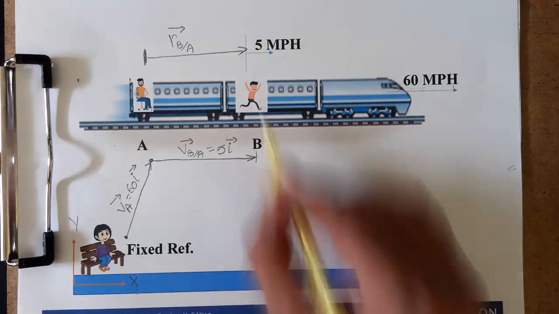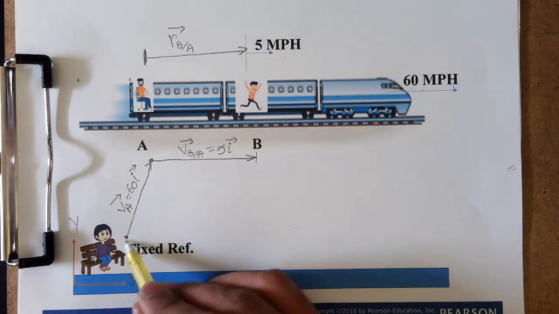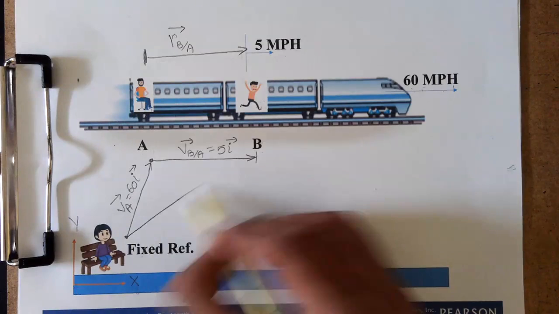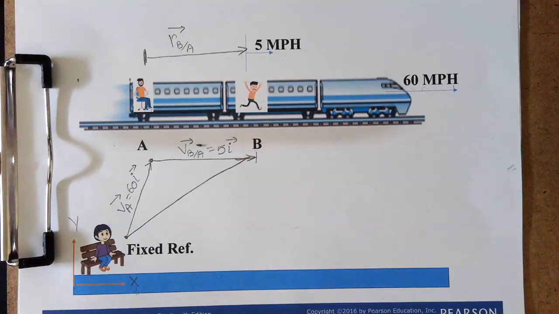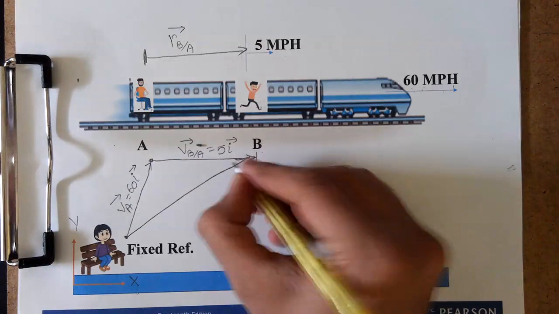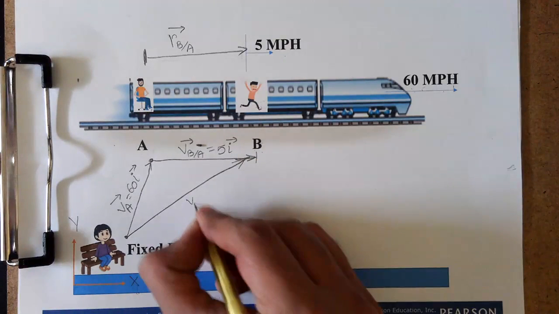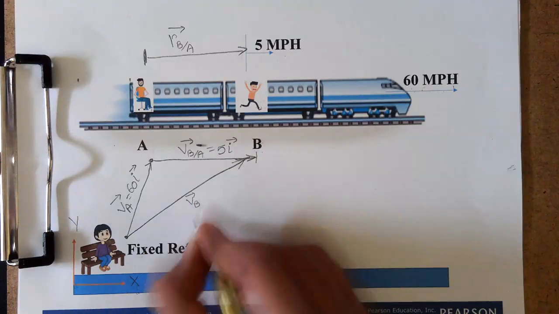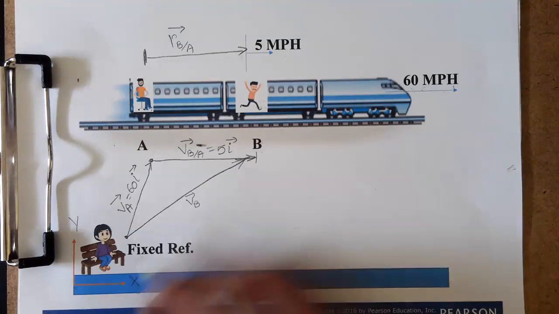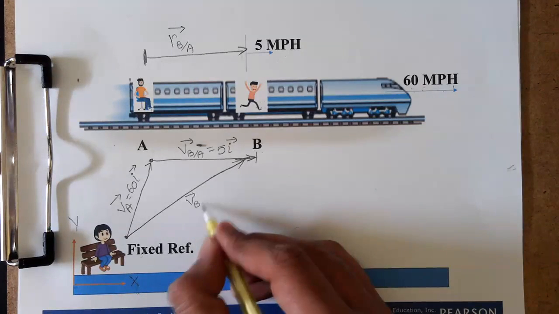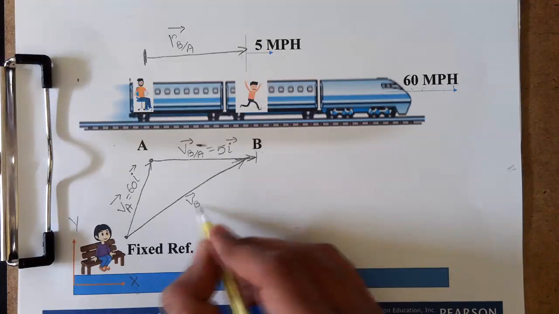Now the absolute velocity of B relative to the fixed reference point is the resultant vector which joins the fixed reference point with the point B. This is written as V B only. When anything is relative to the absolute reference point, we don't write relative to the reference point, we just write that point.